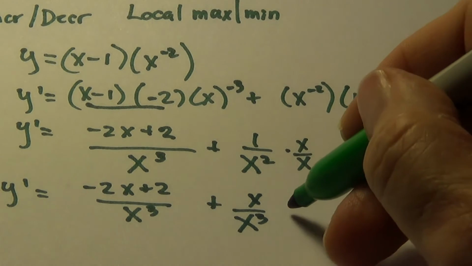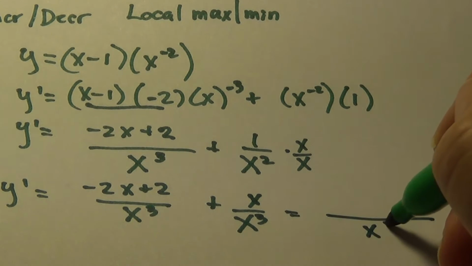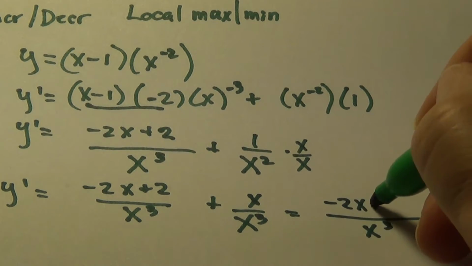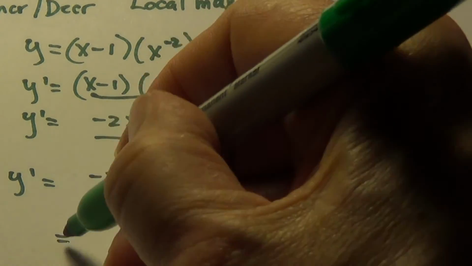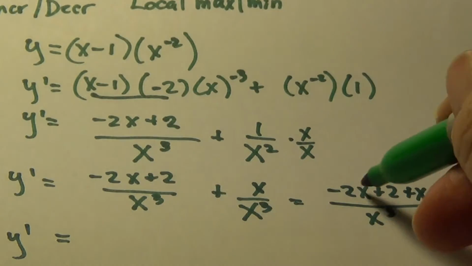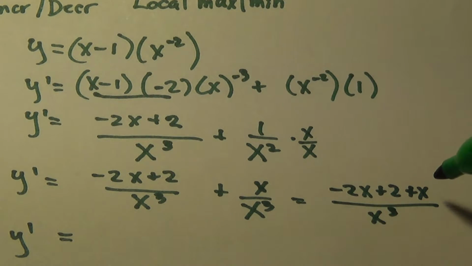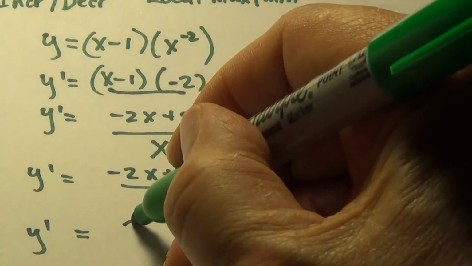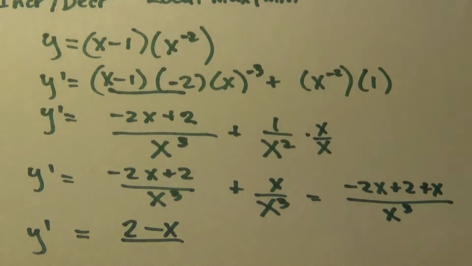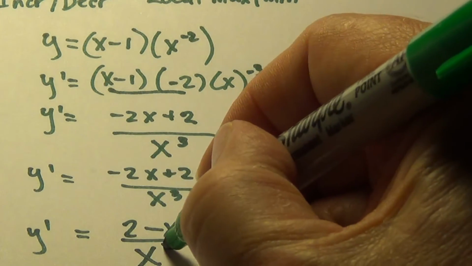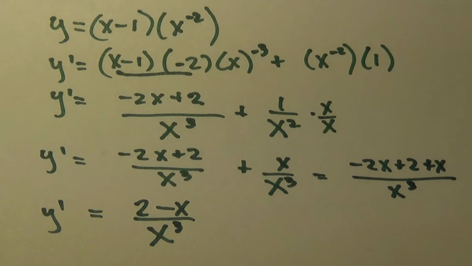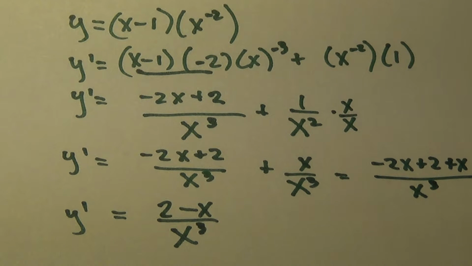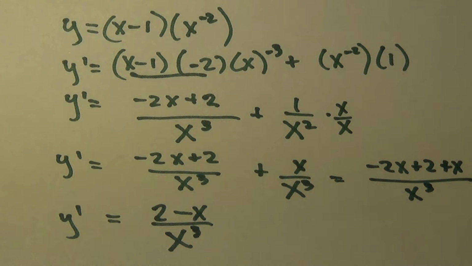So putting that all together over x cubed, I get minus 2x plus 2 plus x. And that can simplify by combining like terms. A minus 2x and a positive x is a minus x and a positive 2. Upstairs, downstairs is the x cubed. All right, so do you see how cleaning up that first derivative is really going to help?